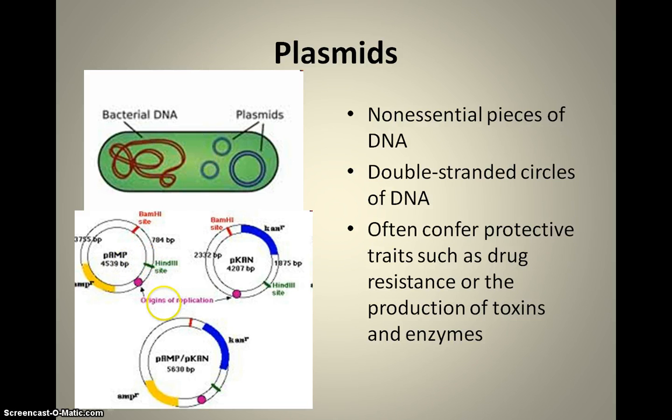So for example, say we wanted this bacteria to make insulin, I'd buy this little plasmid, I'd cut it, and I'd insert the human insulin gene, and then I would make this bacteria take up that plasmid, and then that bacteria would be able to make insulin.